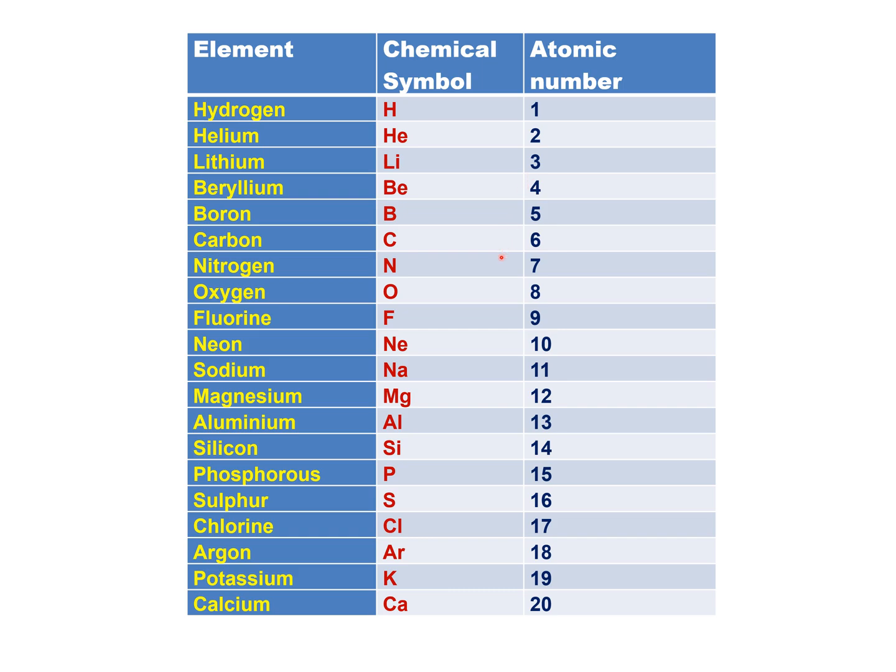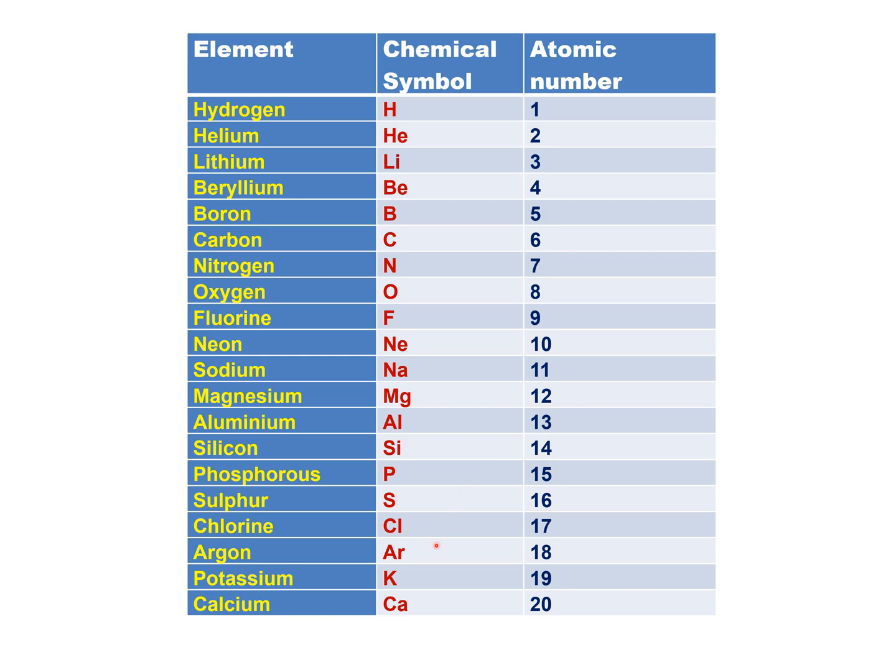The chemical symbol for sodium is capital N, small a, and the atomic number is 11. The chemical symbol for aluminium is capital A, small l, and the atomic number is 13.